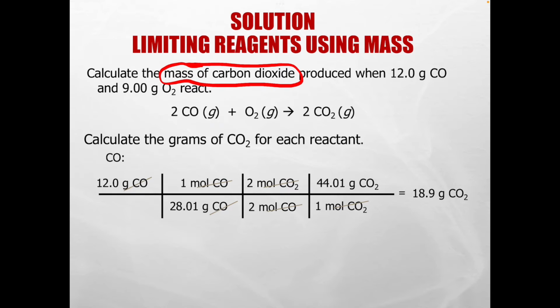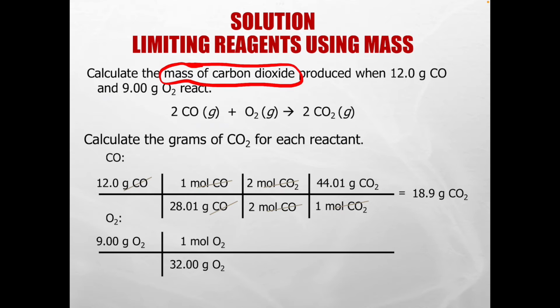We will do this exact same process now, but now we're going to be starting with oxygen. Okay, so we say, okay, if instead oxygen's our limiting reagent, how many grams of carbon dioxide can we form? So we'll start with our grams. Again, our first step will always be to turn grams into moles using the molar mass.